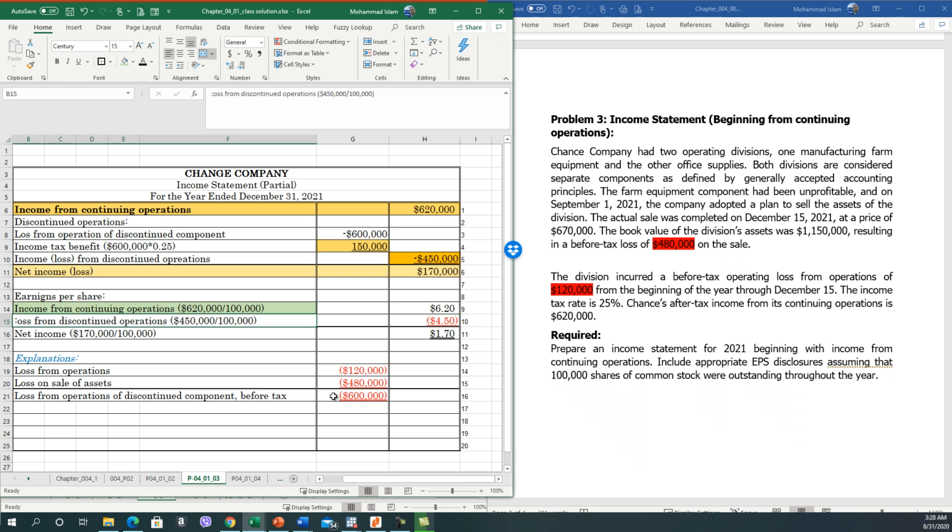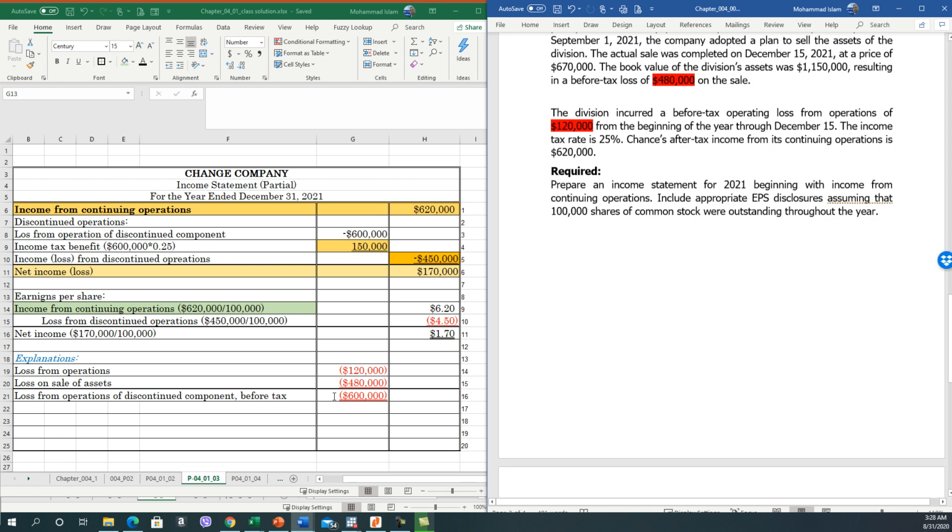And loss from discontinued operations is this 450,000, divided by 100,000, that is $4.5. The difference between this one and this one is 1.7, so net income per share would be $1.7. This is how we record it, so be careful about that. I will upload this solution online as well.